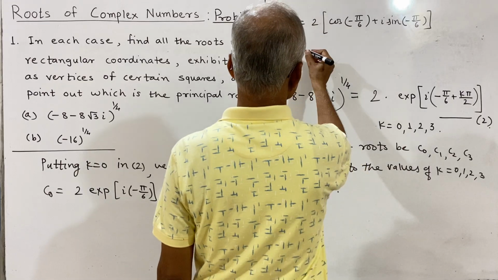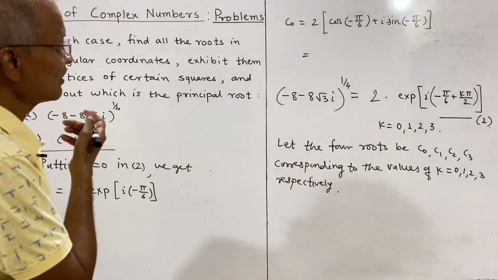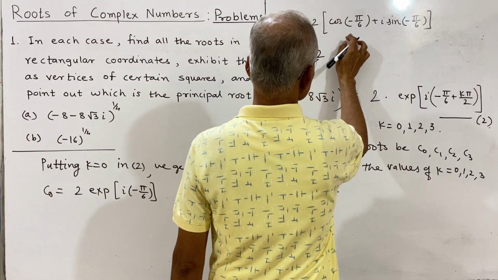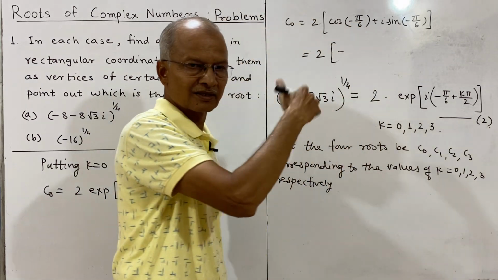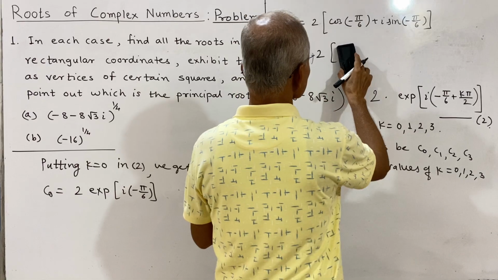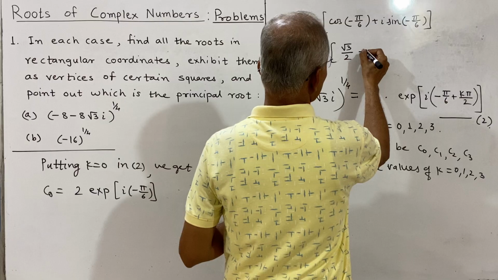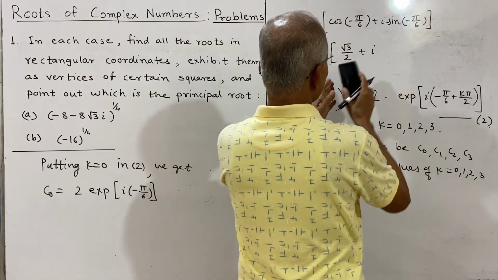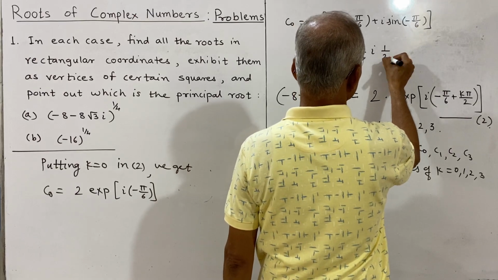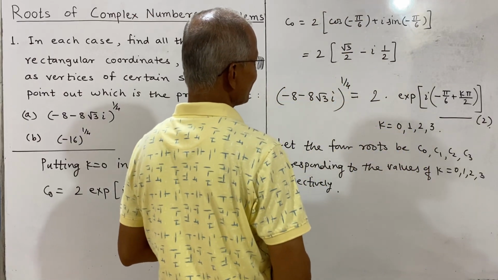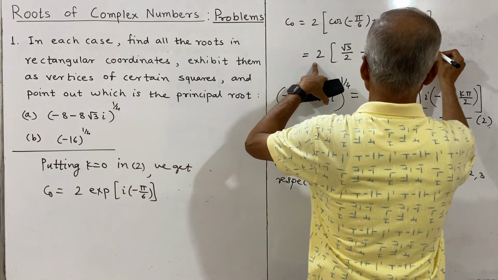So this is equal to 2 times cos 30, since cos of negative theta is the same as cos theta, and cos 30 degree we know is root 3 by 2, plus i, and this is negative, sin of minus theta is minus sin theta, minus i, sin 30 is half, and thus this 2 cancels and we get root 3 minus i.